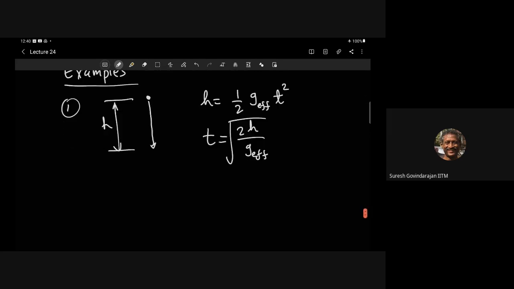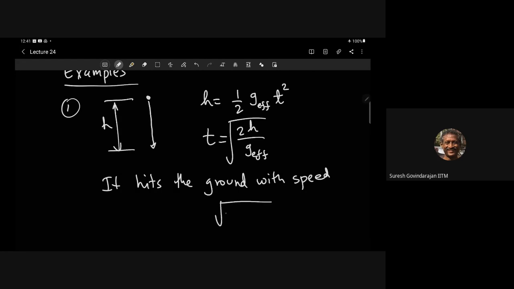So if we were not in some rotating frame, it would have fallen, and it hits the ground with speed, just from half m v square equal to m g h or whatever. So with speed square root of, I won't keep writing g effective, I'll just write it as g h.